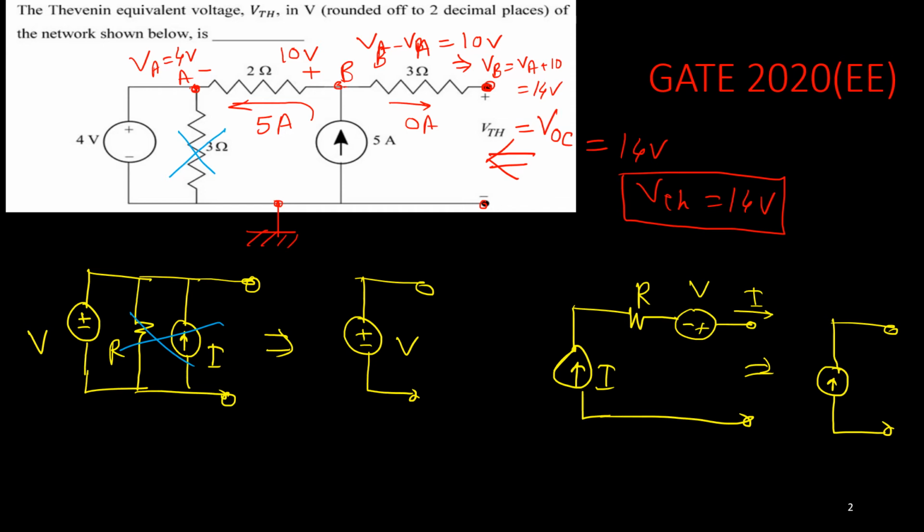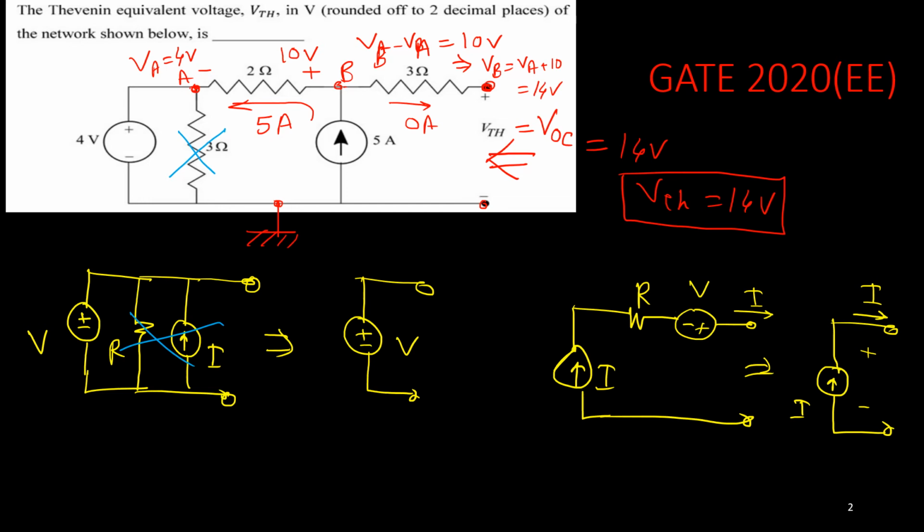Earlier, we removed the resistance and current source by open circuit, and here we remove the resistance and voltage source by short circuit, because it has to supply the same current I. The potential across the current source depends on the other parameters in the network, so there is no fixed potential across the current source. That concept is given in my first lecture; please go through it, and it will be helpful to analyze.